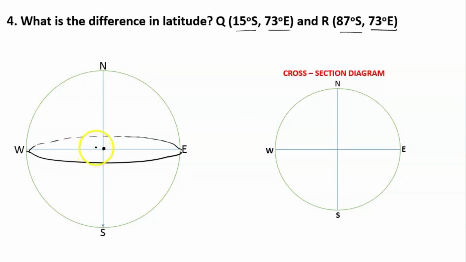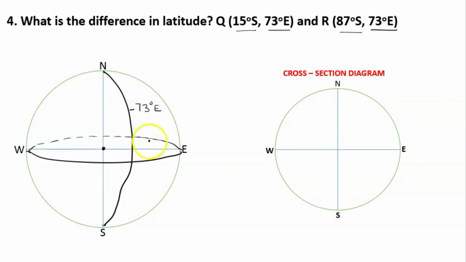But you see, when you have this, you are able to see the major thing, what is actually needful in this particular matter. Now, if you look at the points we are given, we have our latitude that is 73. So we can have any convenient side and draw. Okay, let's say this is the common longitude, which is this.